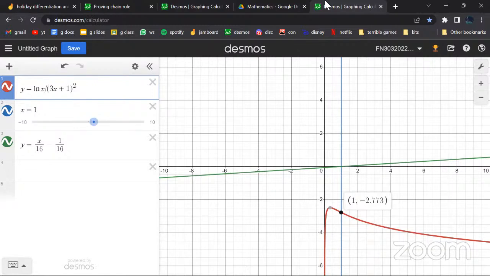Kyoko, what's the job of dy dx? To find the gradient of the tangent to the curve. At any point or at some point? Any point. Correct. In this case, what point do you want? X equals 1.